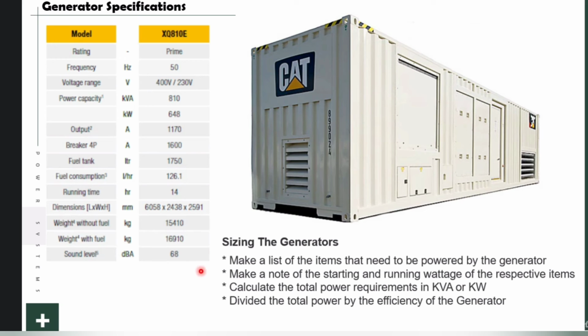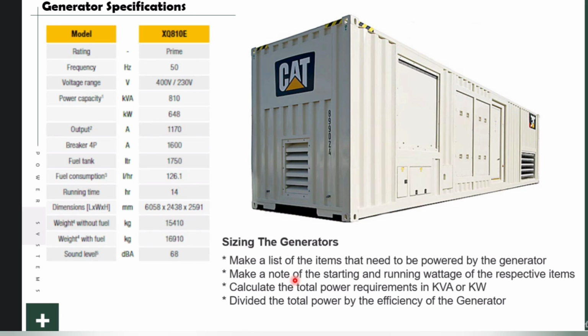And also to size the generators, I must consider these four rules. First, make a list of items that need to be powered by the generators, and after that make a note of the starting and running wattage of the respective items, and calculate the total power requirements in kVA or kilowatt.